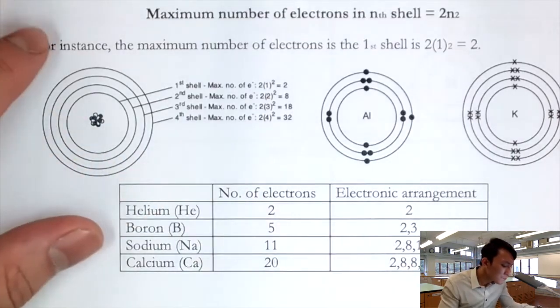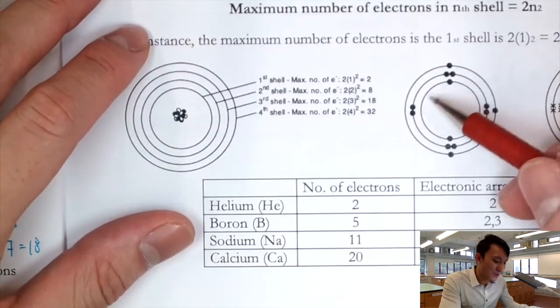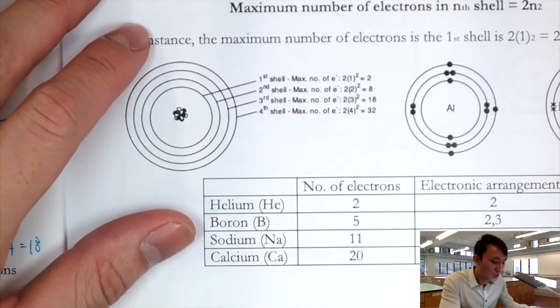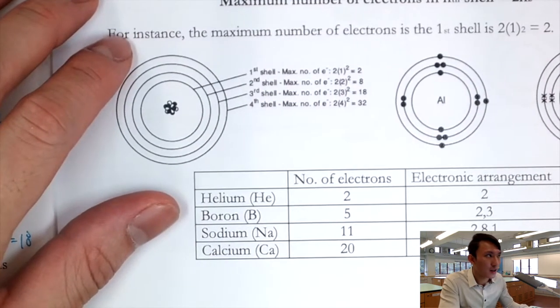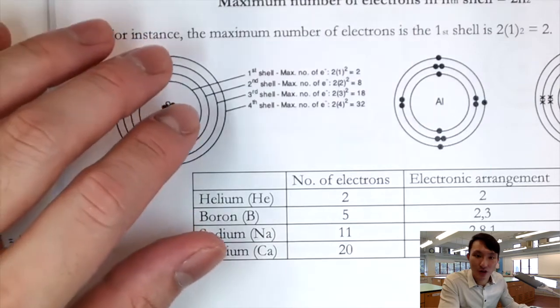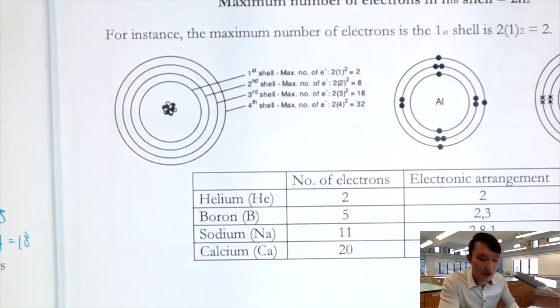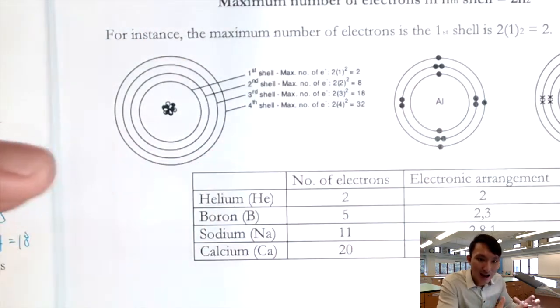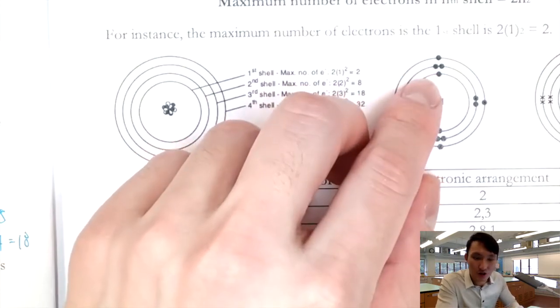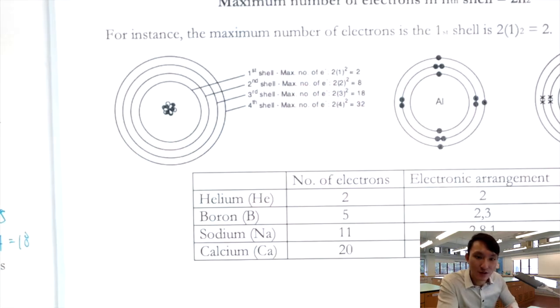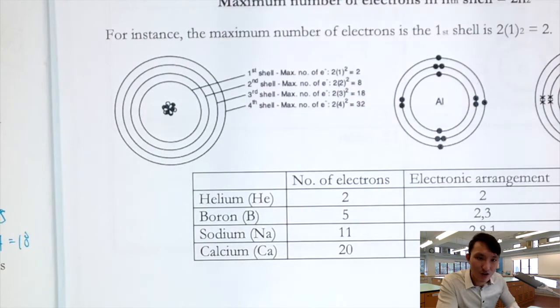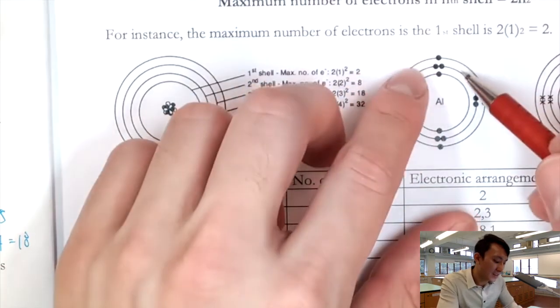Now, knowing that we have specific shells, our next question is, how are the electrons arranged on these shells? Are they all packed together in one of the shells, or evenly distributed across the shells, or should they all occupy the middle shell?